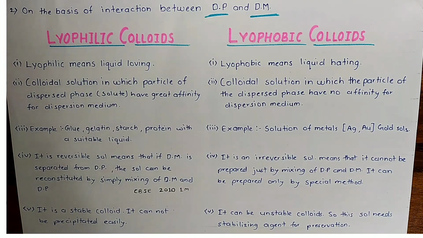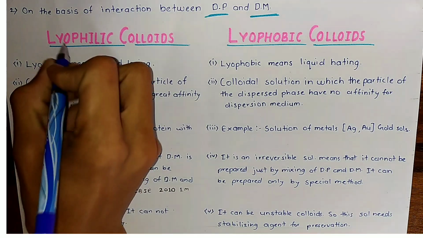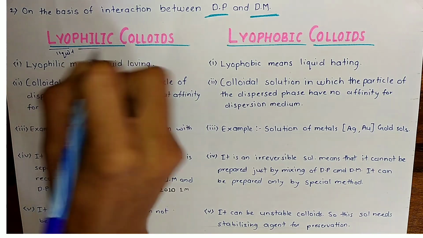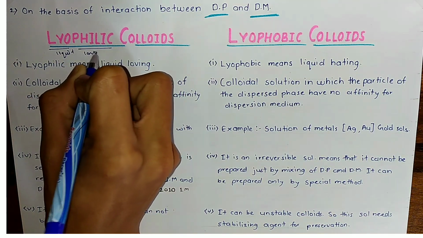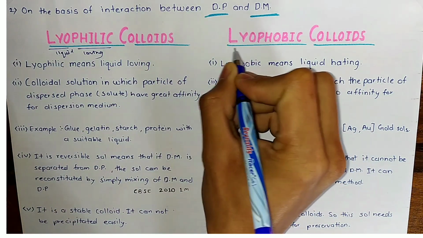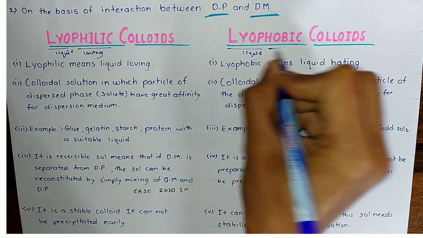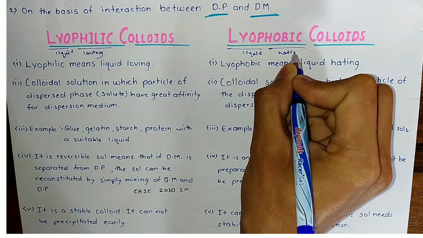What do lyophilic and lyophobic mean? Lyo means liquid, philic means loving, and lyo means liquid and phobic means hating.